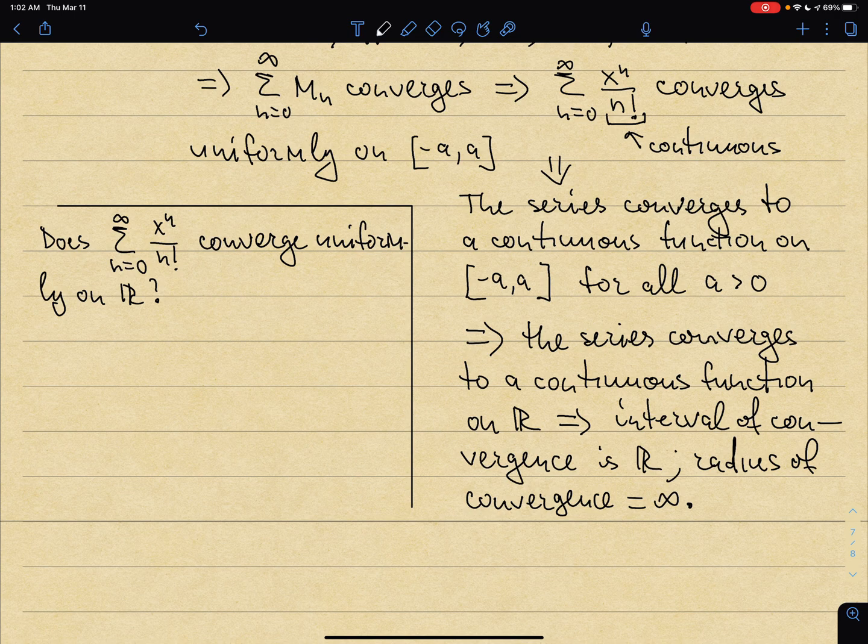Well, how do we check? We can check the test for lack of uniform convergence, because if we have a lack of uniform convergence, then there is nothing else to do.